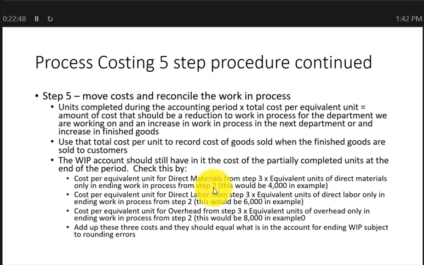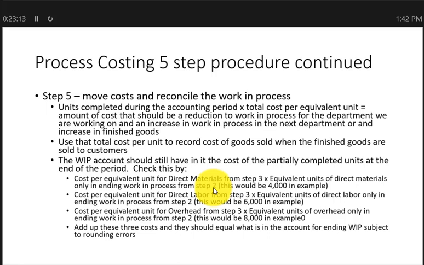So this is the idea. Your work in process account debits are your beginning balance plus any added costs. Your credits to that work in process account are based on step 5, the units completed during the accounting period times the total cost per equivalent unit, moved on.